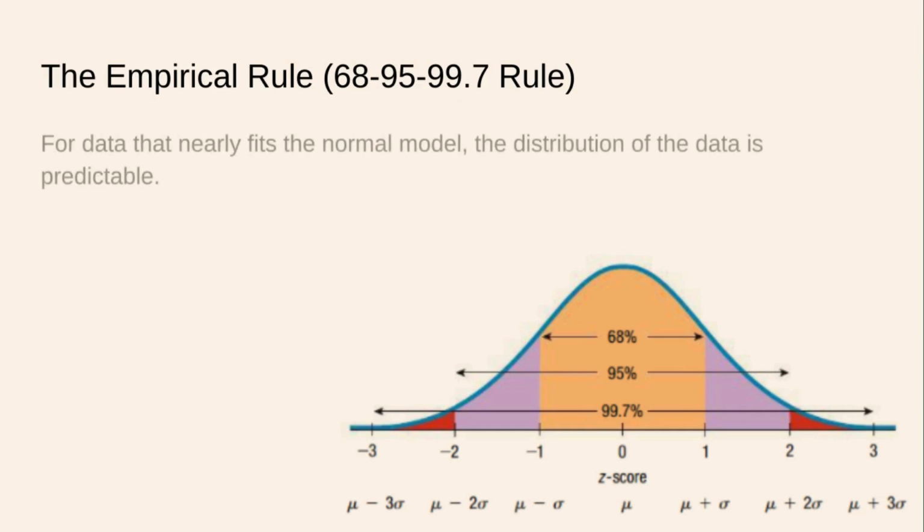So this rule, whatever you choose to call it: for data that nearly fits the normal model, the distribution of data is predictable, okay? That is a huge phrase, all right?